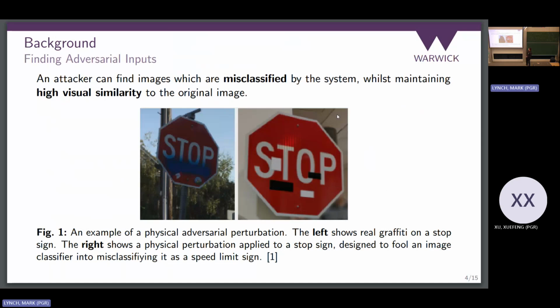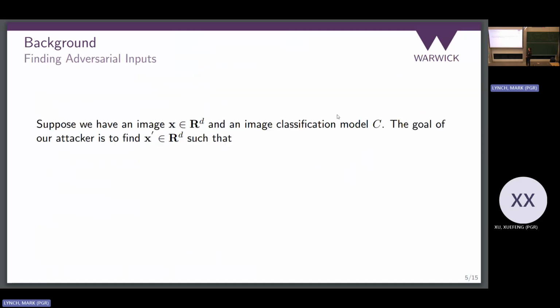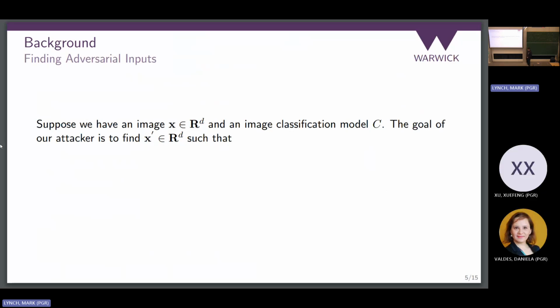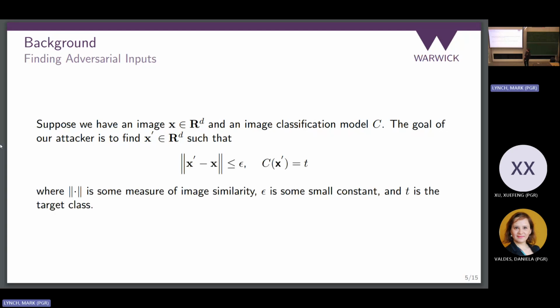Okay, I'm going to briefly talk about some of the maths behind finding these adversarial examples. Our attacker starts off with some image, X, and some classification model C. Our attacker wants to find some X prime, the adversarial image, which satisfies the following two things.